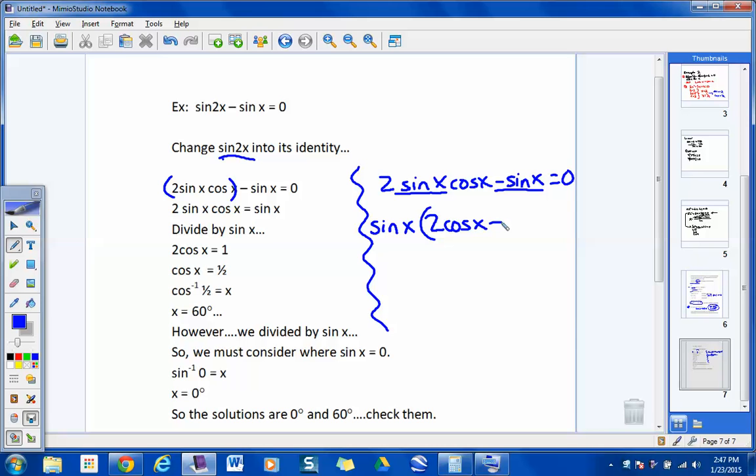And just checking back by distribution, if I multiply by sine x, we'd have this first part right here. What am I going to have after the minus sign in parentheses now to make this a sine of x? Sine of x times what right here would make that 1, right?